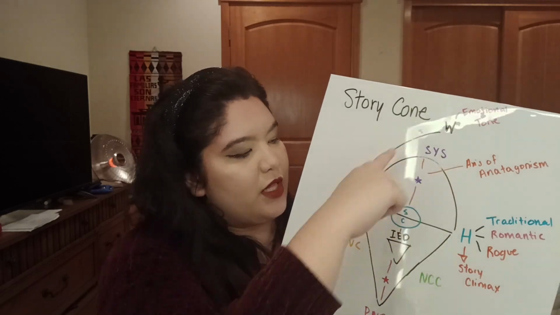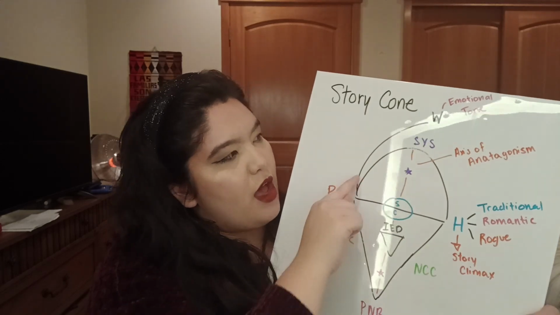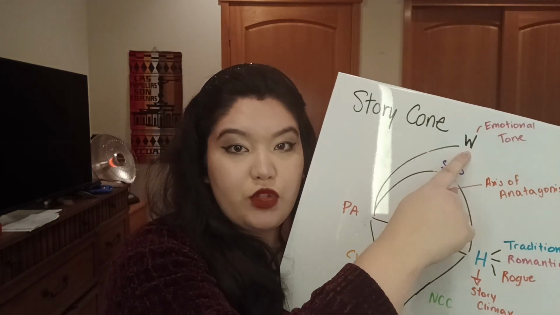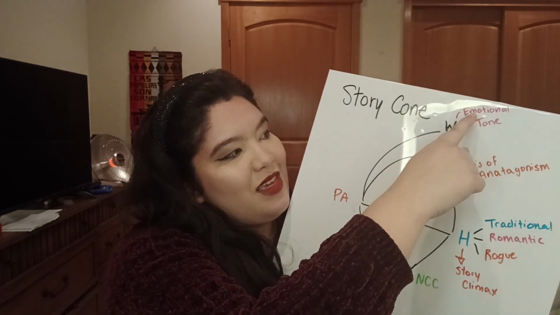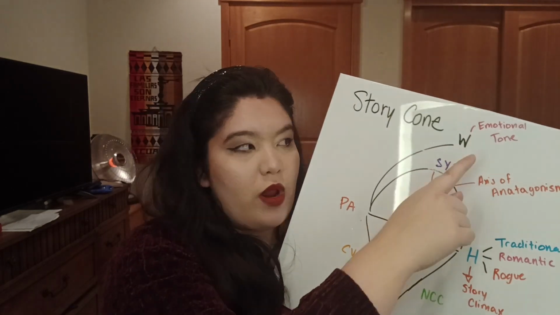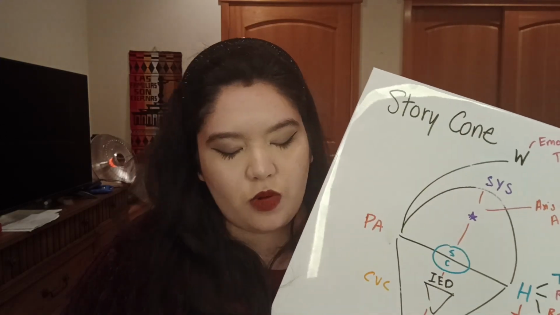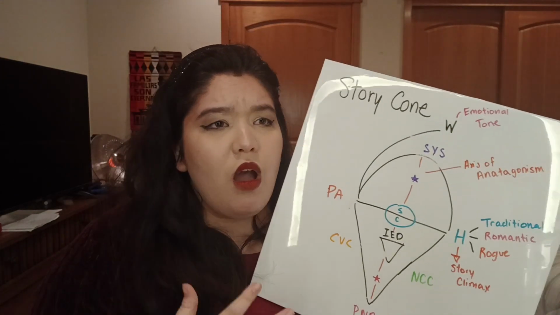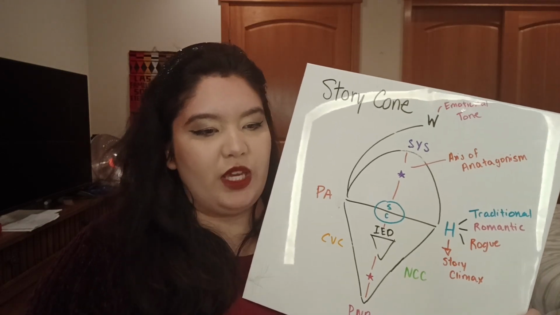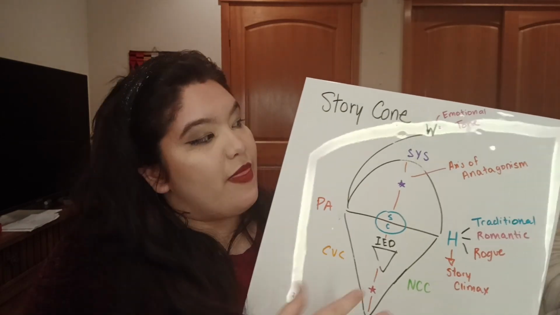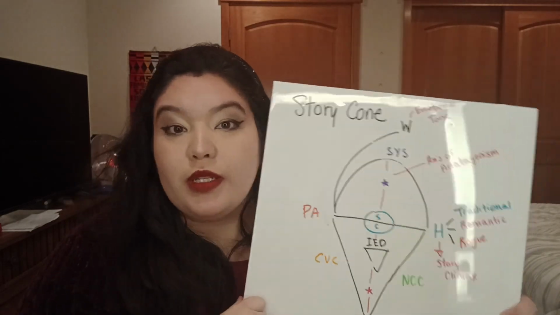So this is basically how this story affects us as the reader or the viewer or the consumer of the story. It's what sets the emotional tone of the story. And in the emotional tone, you want the audience to leave with a certain feeling that you're trying to deliver by the end of the story. And that will define your story types.